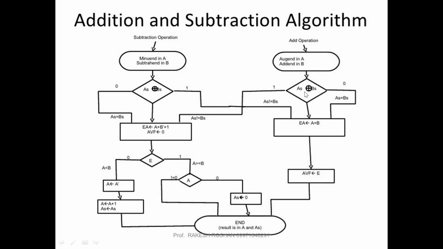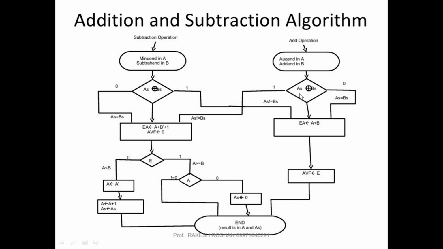We are going to perform the operation AS XOR with BS. That means this is the sign magnitude, the sign representation of the A register and the sign representation of the B register. The sign representation indicates either a positive number or a negative number.